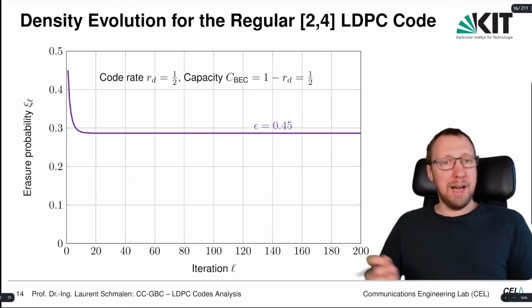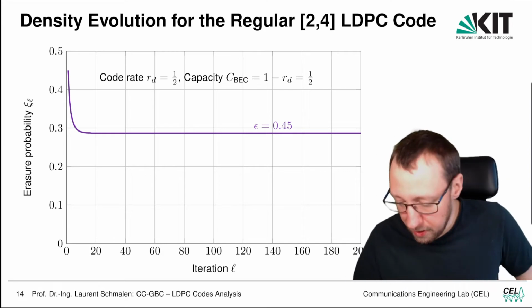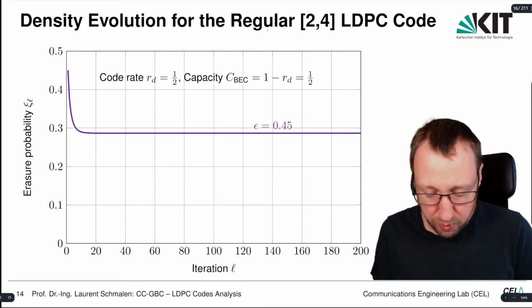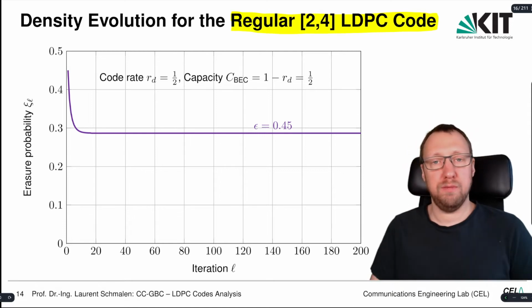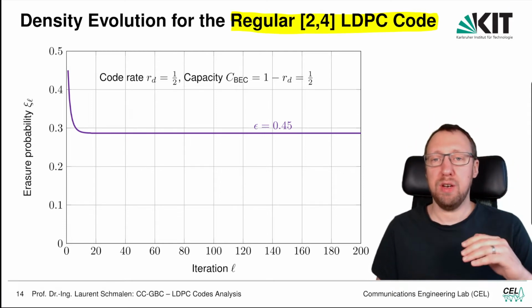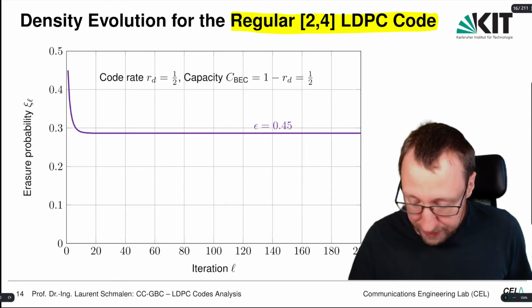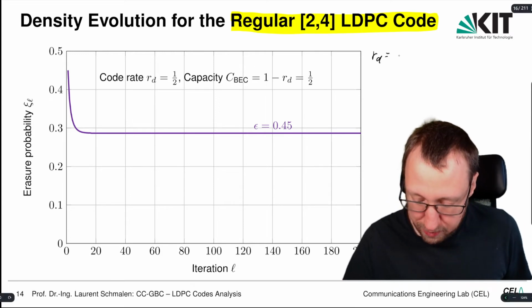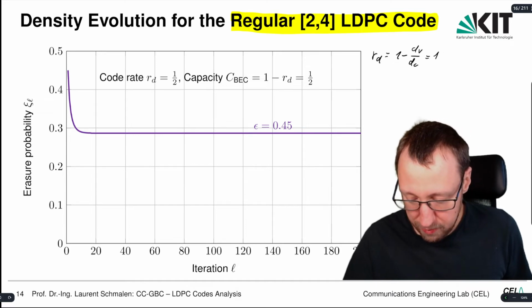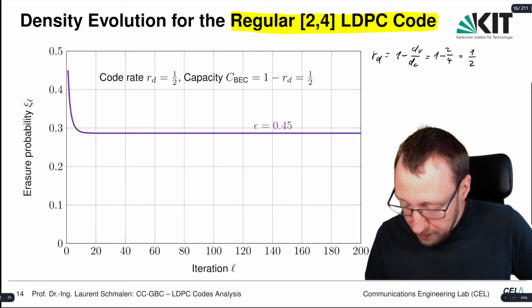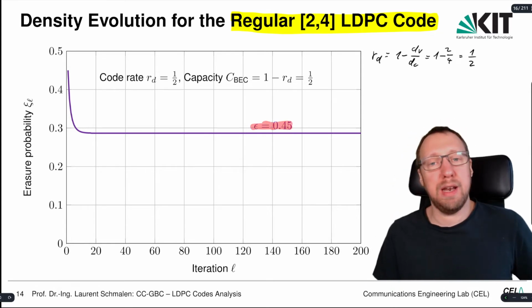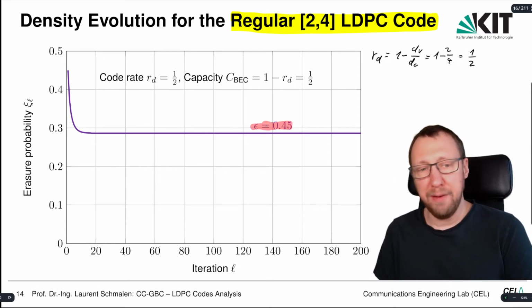So let's take a look at an example. We start with one configuration of a code, which is the regular 2-4 code. Variable node degree 2, check node degree 4. The design rate of the code is 1 minus dv over dc, and this is 1 minus 2 over 4, so it's 1/2. And we vary epsilon, so we start with an epsilon of 0.45.